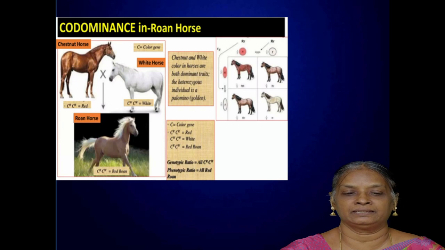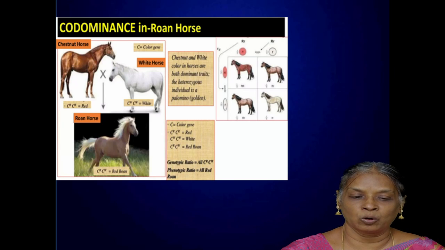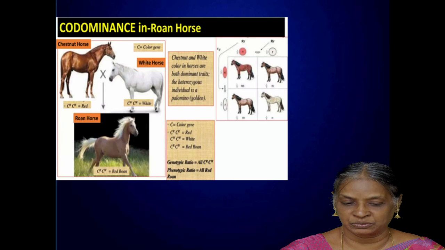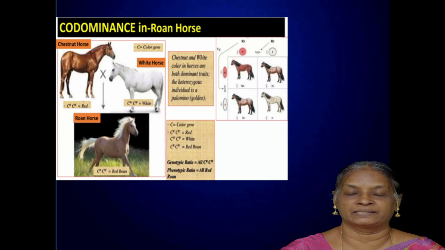And this is the second example of codominance, in horse. In horse, the metallic brown color coat is said to be chestnut. A horse with chestnut coat color and a horse with white coat color are crossed here, and all the young ones in the first filial generation were observed to have both the dominant character as well as the recessive character, both coat colors of their parents.